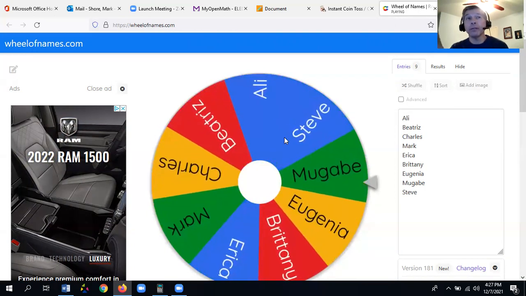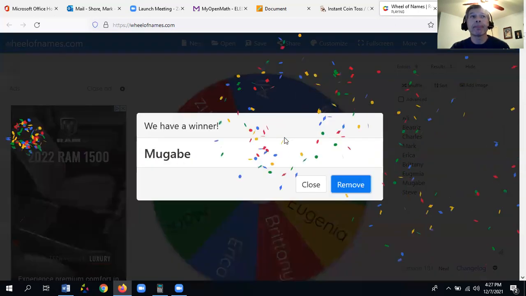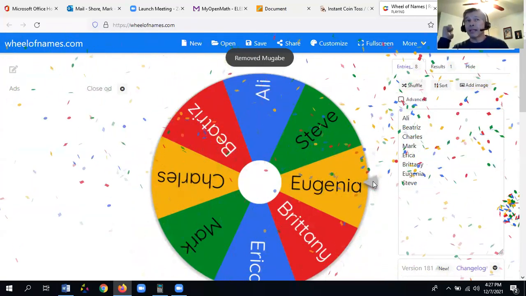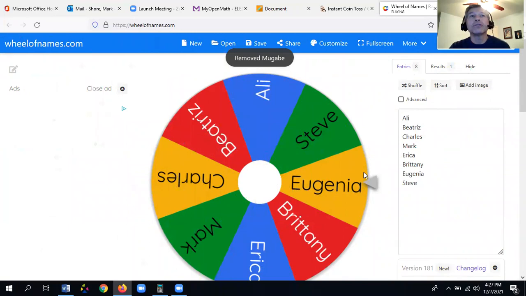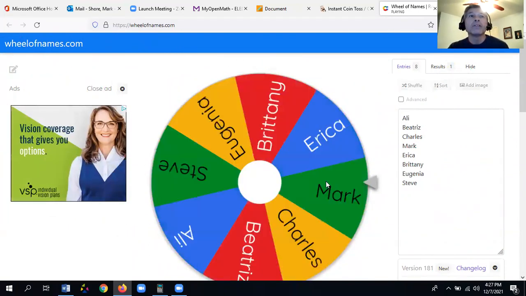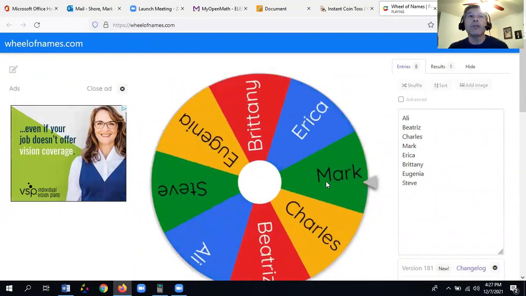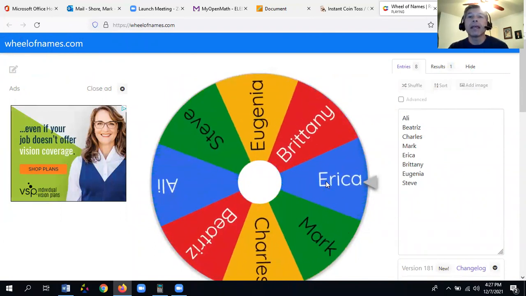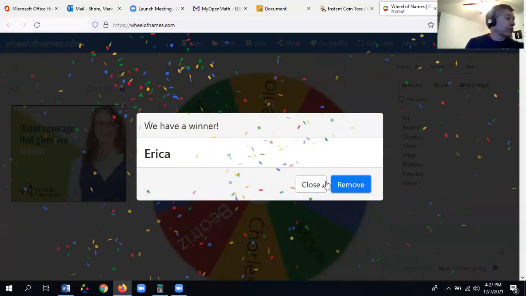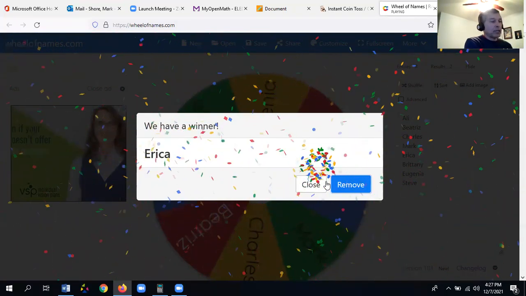Okay, the first one is male. So we're okay. And then we remove that name. Okay, so let's do it again here, because it landed on Mugabe, who's a male. So we're doing it again, and we need all 3 to land male. That didn't happen. So at this point, I'll keep track of this.